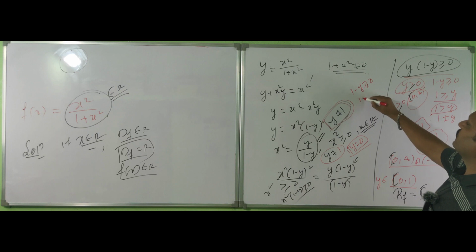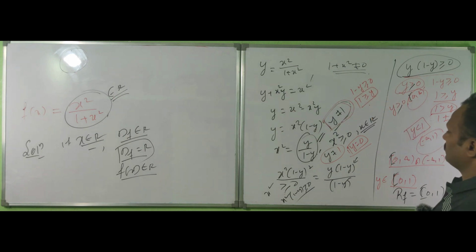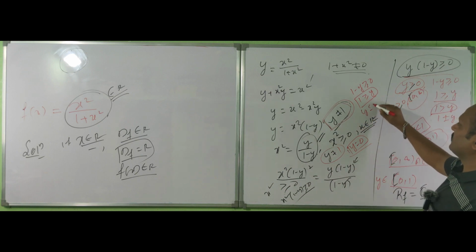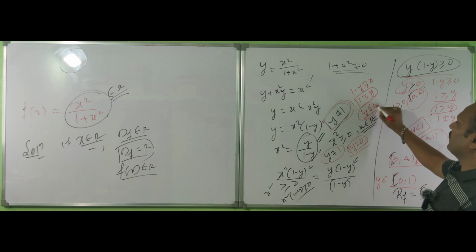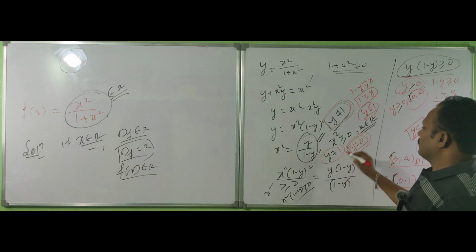So 1 is greater than or equal to y, y is less than or equal to 1. And except 1, y is less than 1, y is greater than or equal to 0.